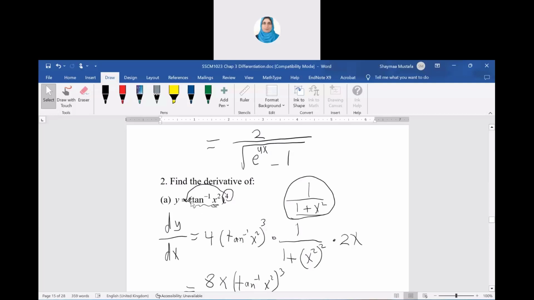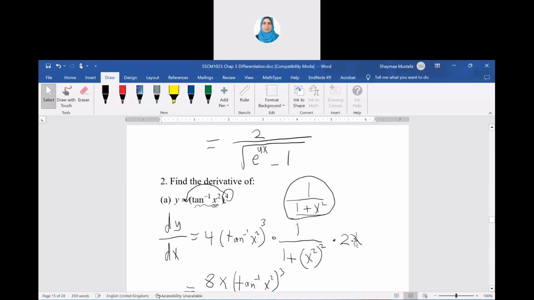Now go for the inside. Multiply by the derivative for tan inverse of x squared. The derivative for tan inverse, this one. This is the rule. So here 1 over 1 plus, I don't have x, I have x squared. So x squared here will become x squared squared. Replace x by x squared, and you have a square from the formula itself.